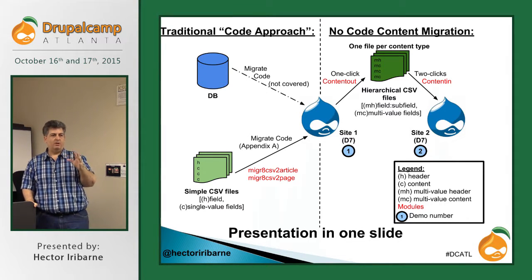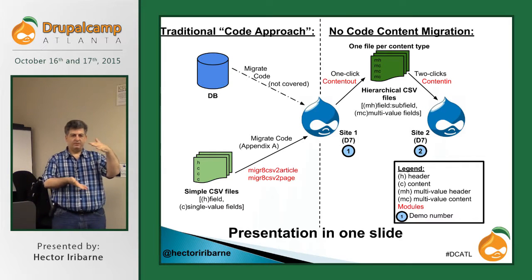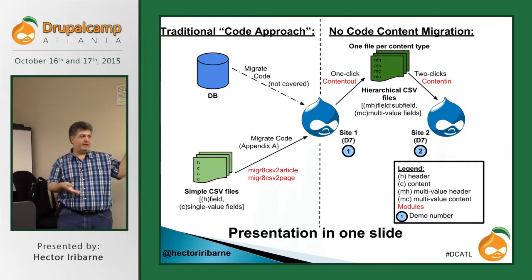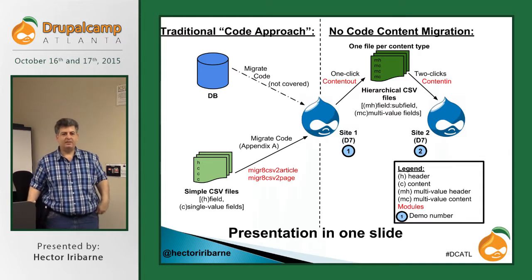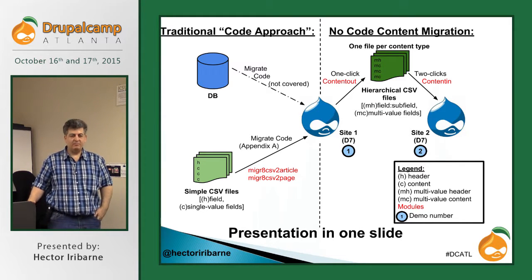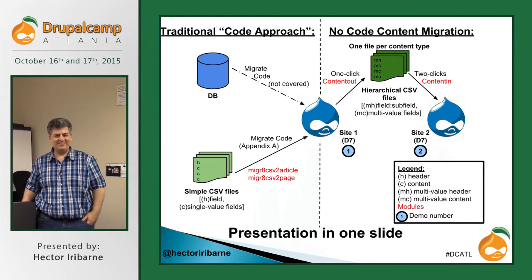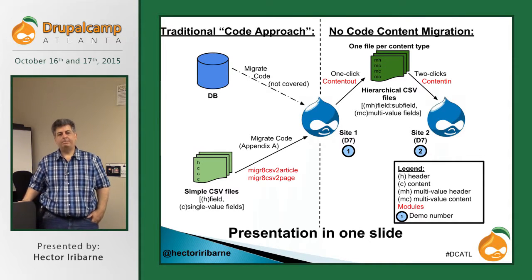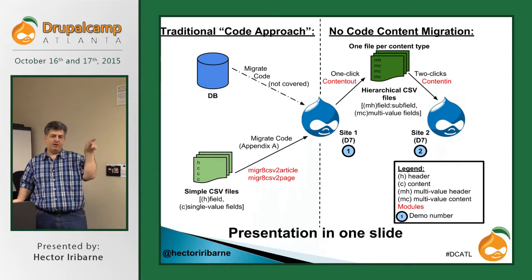Just pure content, like Article 1, all the fields and everything that's in Article 1, and page. Yes, go ahead, another question. How do you handle attached files or file fields? Well, that's part of the module.